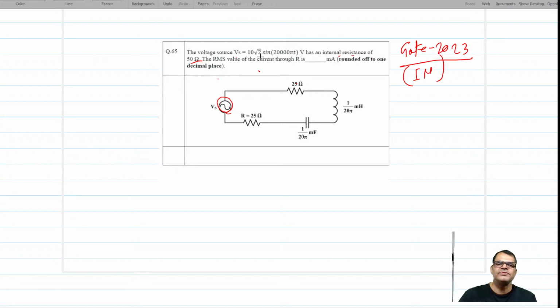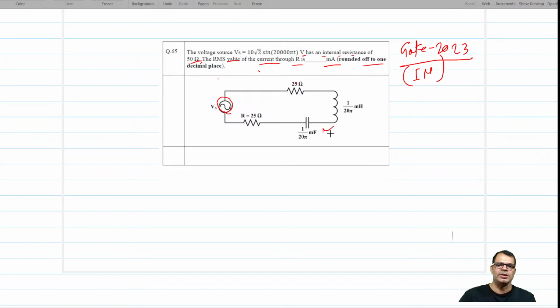So the voltage source Vs is equal to 10 root 2 sin 20,000 pi t volt, and has an internal resistance of 50 ohm. The RMS value of the current through R is in milliampere, rounded up to 1 decimal place.